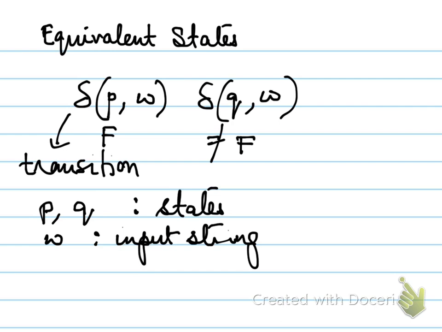So these are two cases: if P is a final state and Q is not, or vice versa, and the second condition is that for some input string W, delta of P and delta of Q on W are distinct. In that case, we can say that the two states are not equivalent.